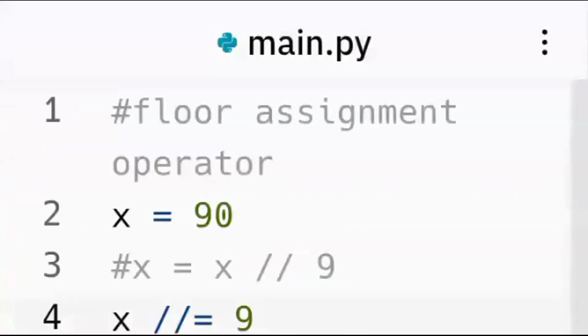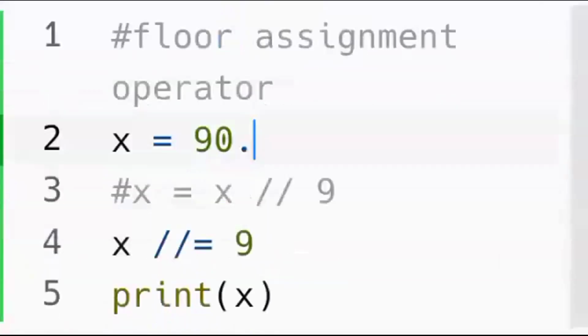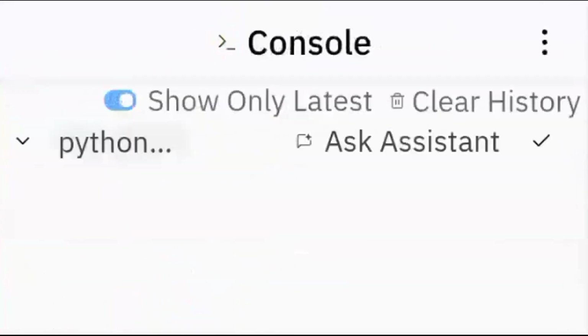Accordingly, it depends. The way you write it is x, then the double forward slash, then equal to 9, which means first you find the floor value and then you assign it to x. Find the floor value on the right, how? By x divided by 9, find the quotient, and then you send it back.